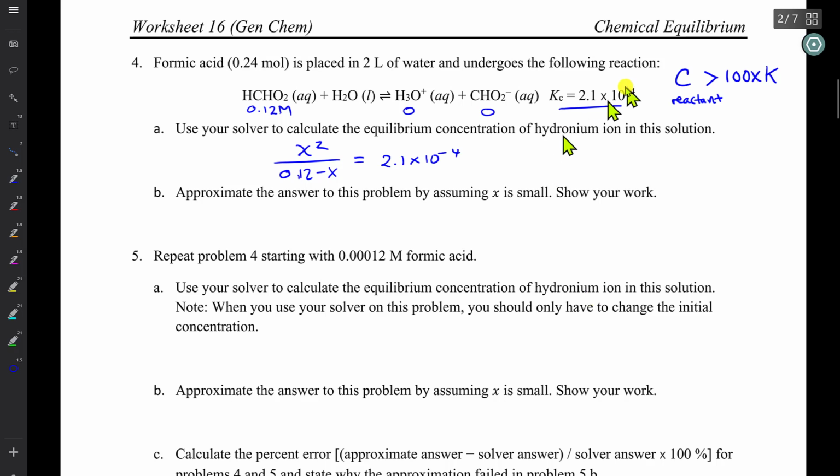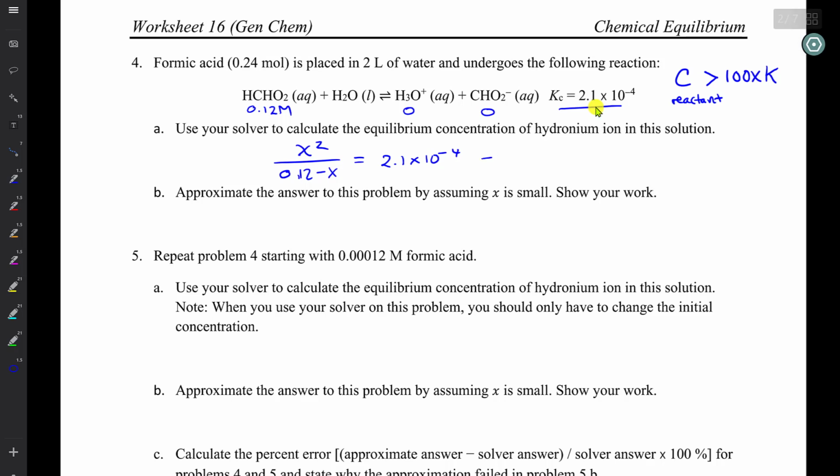And you can check, but this one it's already true, but you can check if you take this number and divide it into this number and it's bigger than 100, then this statement is true. That's usually the way people do it. They take their concentration and they divide it by their equilibrium constant and they look for a number greater than 100.